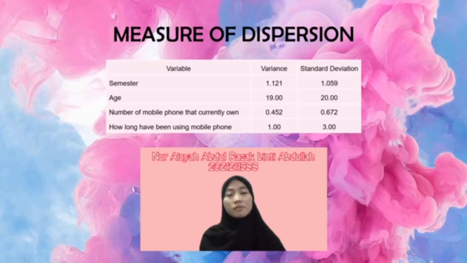Variance for number of mobile phones that currently own is 0.452 and its standard deviation is 0.672. Lastly, for variable how long has been using mobile phones, variance is 1.00 and standard deviation is 3.00.